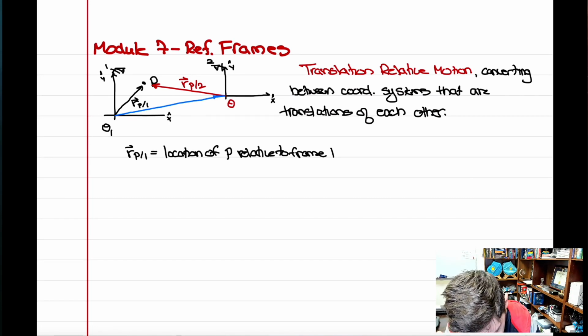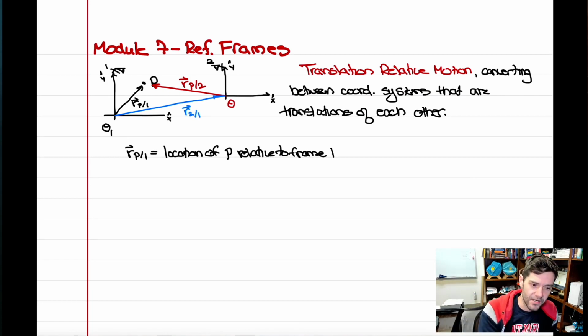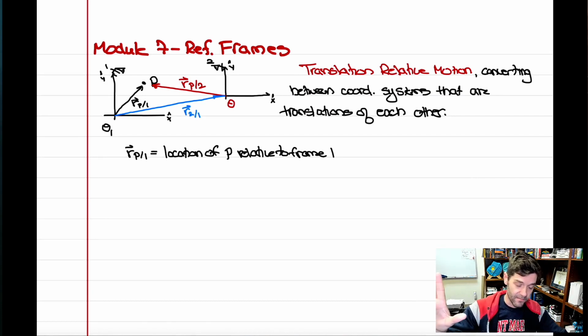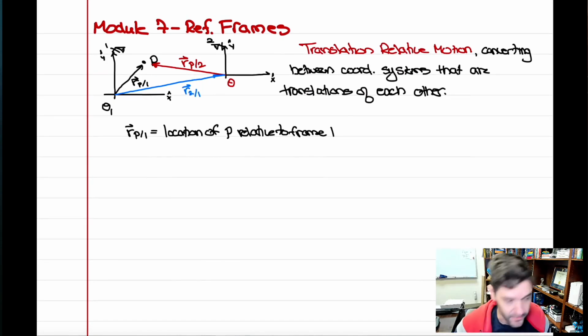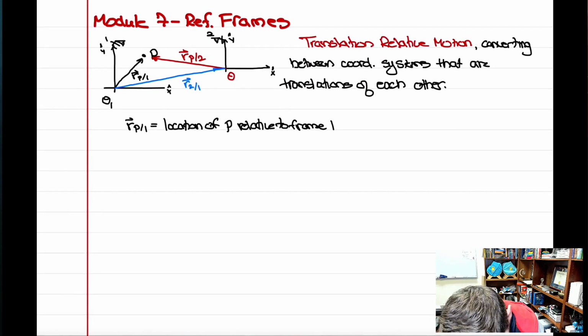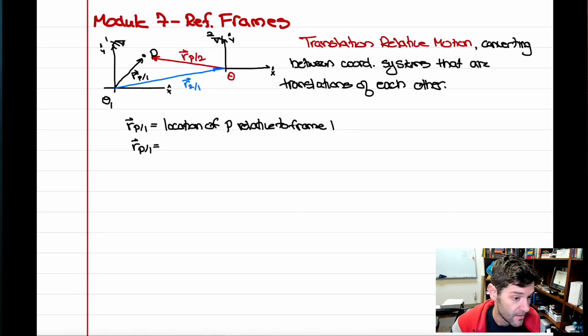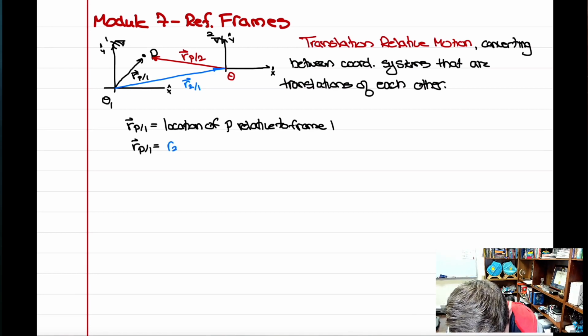So this blue vector I'll call r of 2 relative to 1, the position of the entire second reference frame as seen from coordinate 1 or origin 1. And if you look at this, notice it's just vector addition. It looks like r of p over 1 is the same thing as if I take the vector r of 2 over 1 and then add to it r of p over 2.